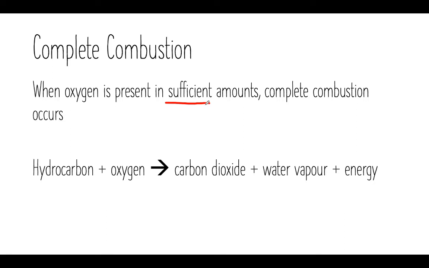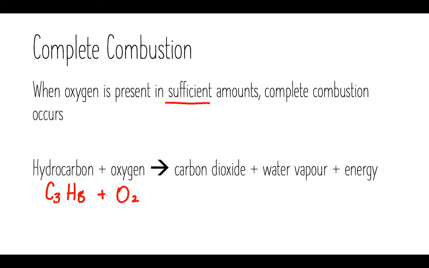So whenever there is enough oxygen for this reaction to occur with a hydrocarbon, there is carbon dioxide gas produced, as well as water vapor and energy. So let me write the equation out for an example of a complete combustion reaction. And I'm going to use one of those examples that we saw earlier, which was C3H8. This is propane. And propane reacts with oxygen.